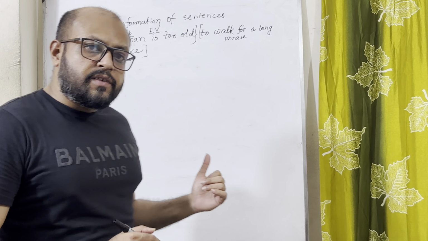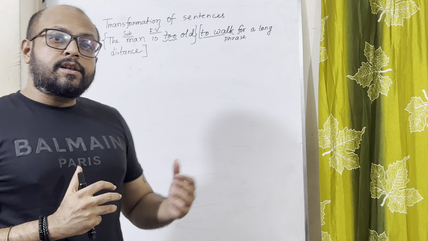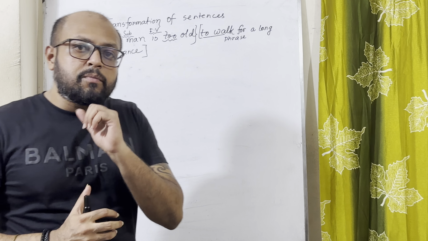Well, as you can see, the sentence is: The man is too old to walk for a long distance. Here the sentence tells us that we are talking about a man, and that man is very old, and being old, he may have a problem walking for a long distance. So now we need to convert it into a complex sentence.